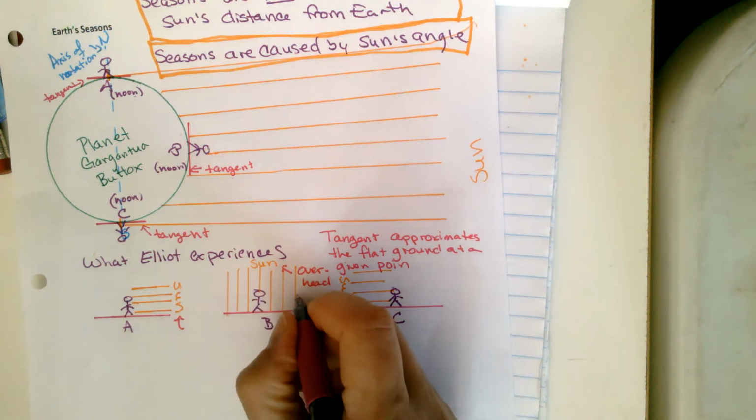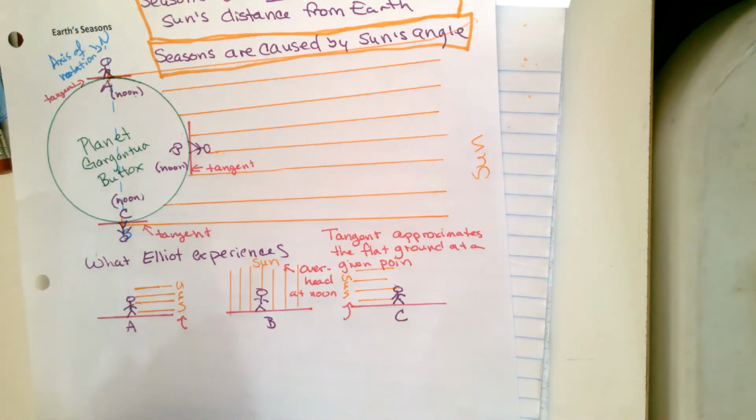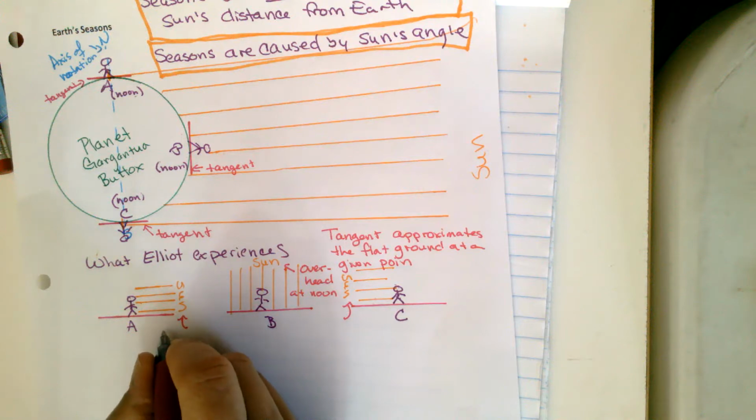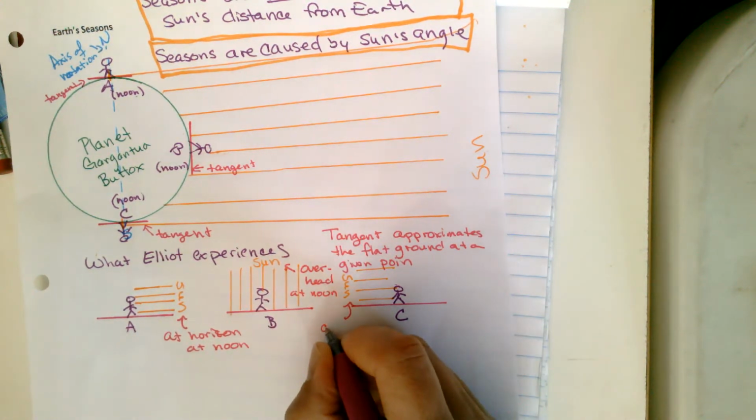So here it's overhead at noon. At A and C, it's what at noon? What would you say when the sun is out like that? So if you said horizon, that's correct. So the sun is at the horizon at noon. Here we have the sun at the horizon at noon.